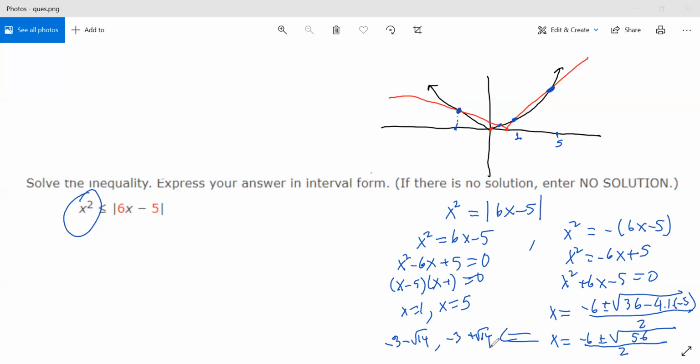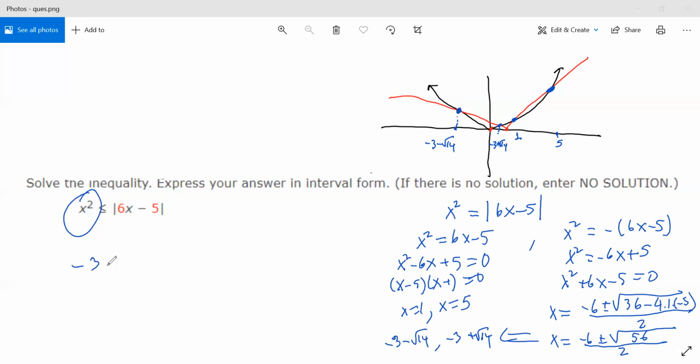The negative one is this point, and the positive one is this point right here, which is negative 3 plus root 14. So now I have two possible intervals where the black graph, which is the x squared graph, is on the bottom, which is here.